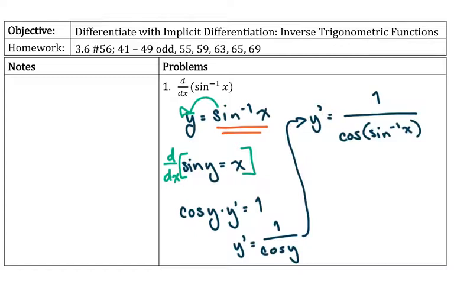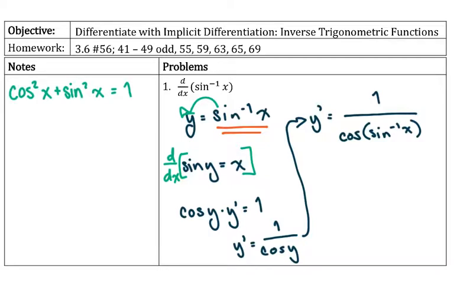Now, while this is true, this is probably not the function that you had memorized. That's because we're going to do a little bit of sneaky algebra here. Because what we want is, if cosine and sine inverse were both the same, if this was sine and sine inverse, that would cancel out so nicely. Wouldn't that be great? Well, we can do that, but we're going to have to remember a little bit of our trig rules, namely how to replace cosine with sine.